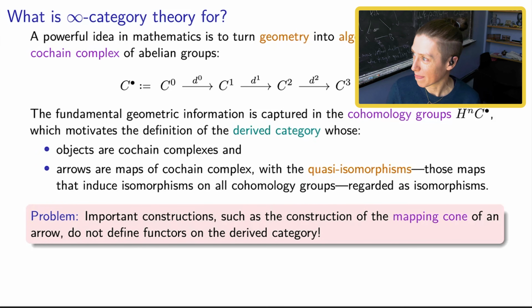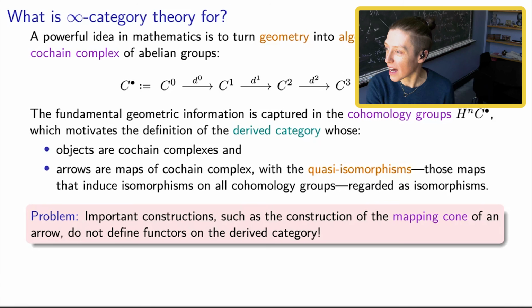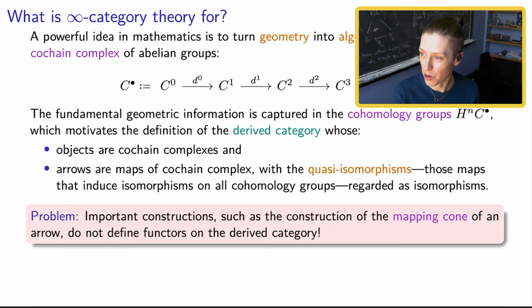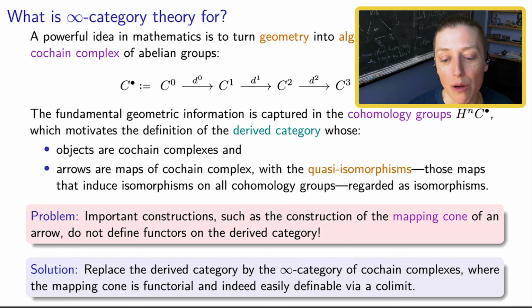And a construction between categories really wants to be a functor, but this is just not a functor at the level of the derived category. The reason that it's not a functor is because we've forgotten too much information when forming the derived category. And we've forgotten that information because we were trying to form a 1-category and not just letting this thing be the thing that it really wants to be, which is an infinity category.